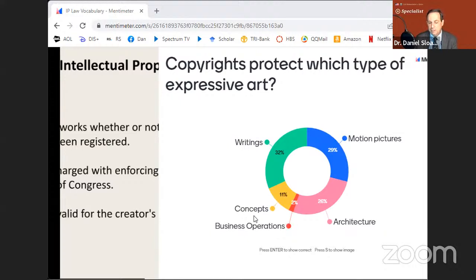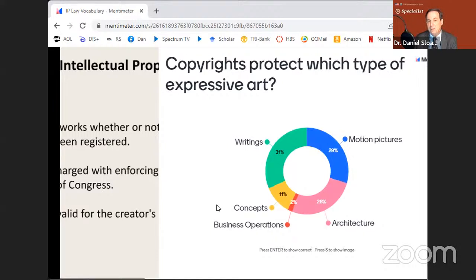How about concepts? What was the standard of theories and ideas? What had to be done in order to make them available to be covered under this copyright law? You had to produce something, right?